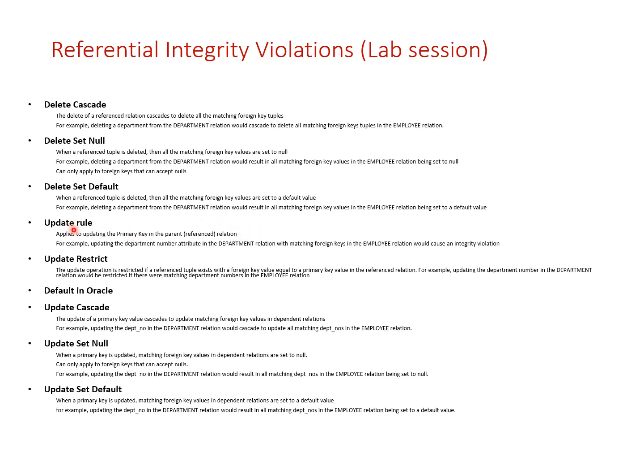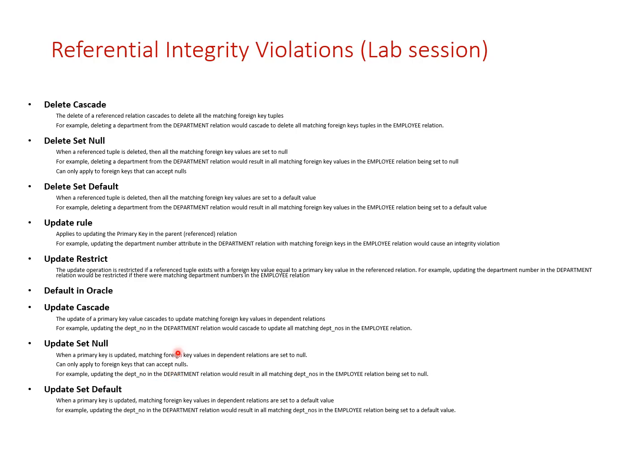parent department or something. Then the update rule: where you are updating the primary key in the parent, you will update the value. Updating the department number attribute in the department relation with matching foreign keys in the employee relation would cause an integrity violation. And update restrict is the default one in Oracle, which we will see when we learn Oracle. Update cascade is whenever you do some update, the changes are reflected.